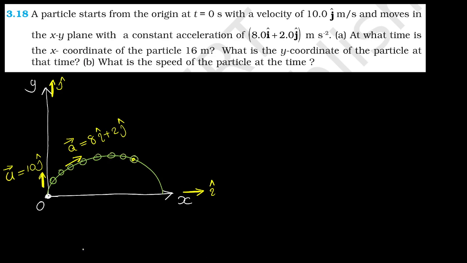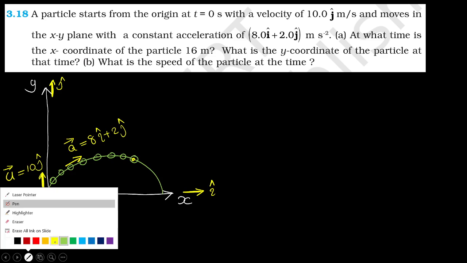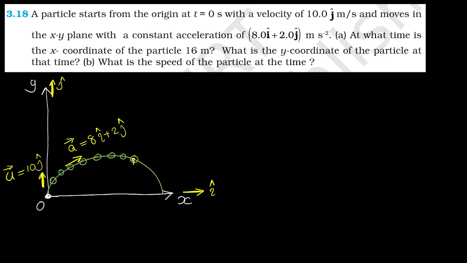At what time the x-coordinate of the body is 16 meter? That is the question. The point will have an x-coordinate and a y-coordinate. At what time will the body have x-coordinate 16 meter? And what is the y-coordinate of the particle at that time?